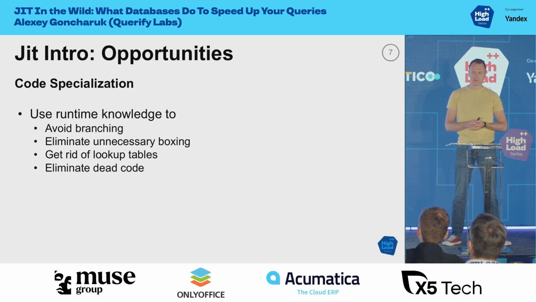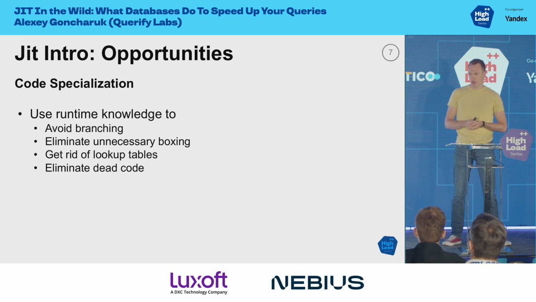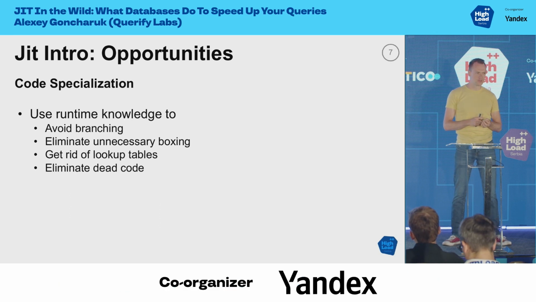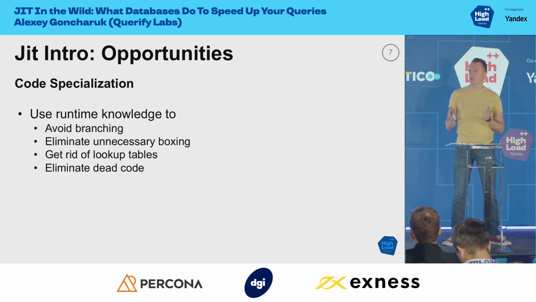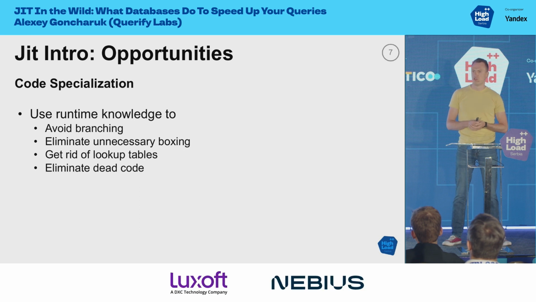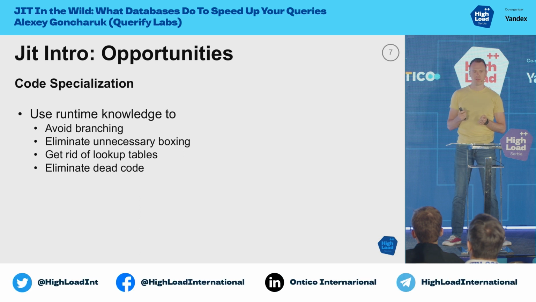Why may this generated code run faster? The answer is that when you're generating JIT instructions, you have a lot of opportunities. For example, when you're running an SQL query and there is a filter on some column, if you know in advance that the column is not nullable, you may avoid a null check that is executed for every row in a query.